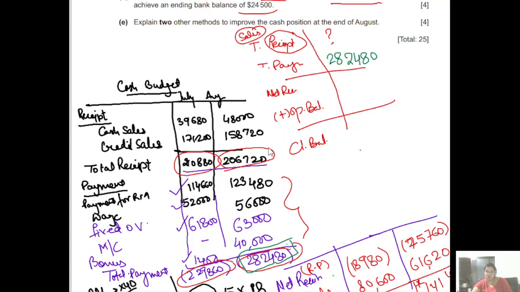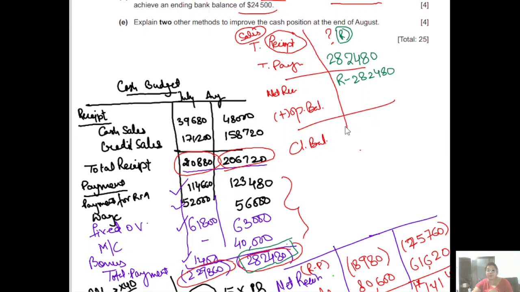This is my August total payment. Then again we don't know the net receipt, so we can assume R over here. So R minus 282,480.